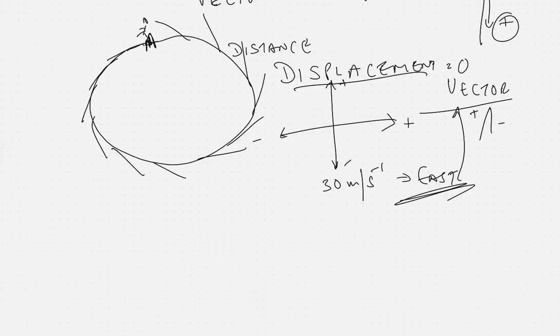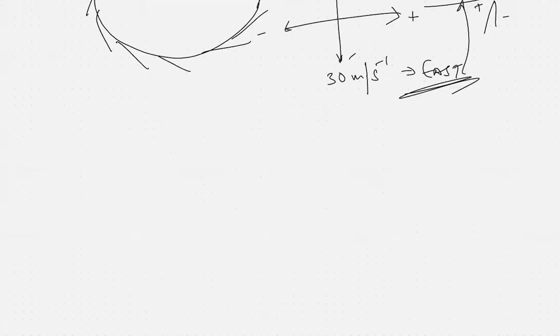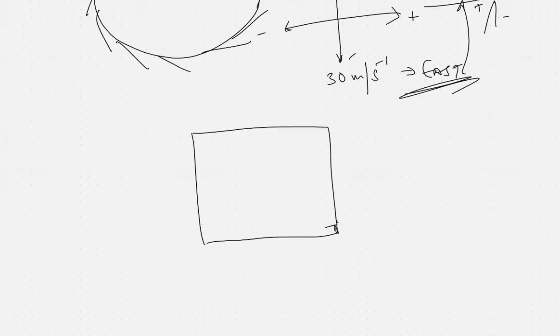All right, so let us take now, instead of the circle, a square, let's say a rectangle. So we say 5, 5, 5, 5. Now the person starts here, goes to the left 5. We say left is -5. Coming down we'll say -5.